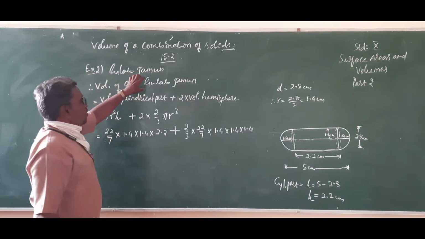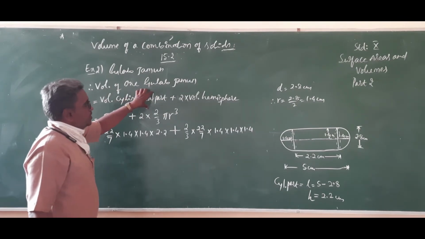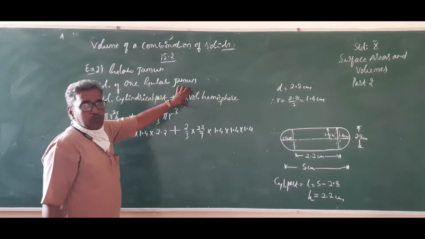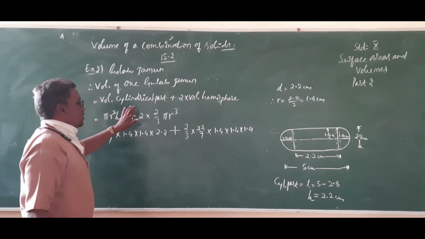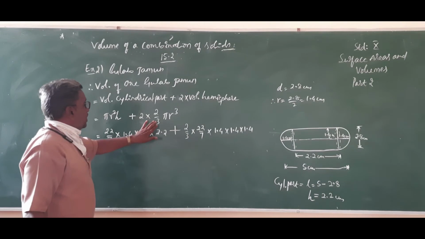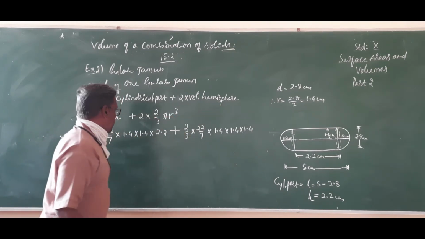So volume of one gulab jamun equals volume of the cylindrical part plus 2 into the volume of a hemisphere. Two hemispheres are there. Pi r square h is the formula, and 2 into 2 by 3 pi r cube is the volume of hemispheres.